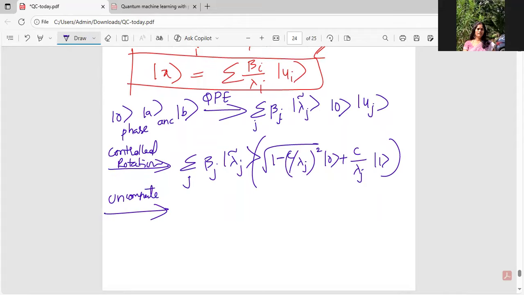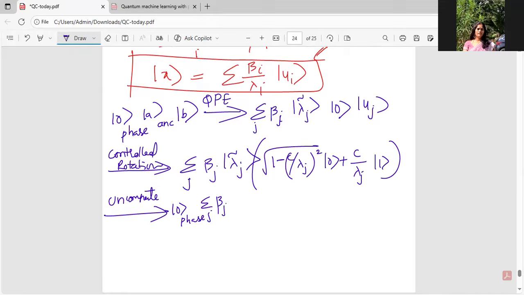So what I will get, just see, once I uncompute, ket 0 phase will have summation j beta j into C by lambda j ket 1 ancilla uj, plus and so on, things will be there. These are all ancilla 0. Ancilla 0 is equal to 0. Whatever those things are, we are discarding, guys.